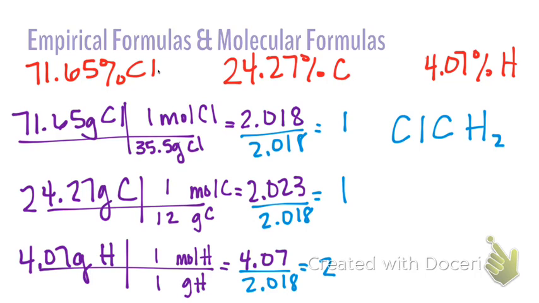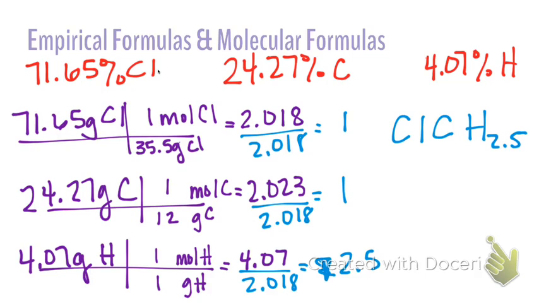Okay? I want to give a couple thoughts here in terms of what happens if these don't come out in whole numbers. Okay? Let's say they don't come out in whole numbers. For example, let's say that this one came out to 2.5, right? It didn't, but let's just say for our sake it did. 2.5. That doesn't work.